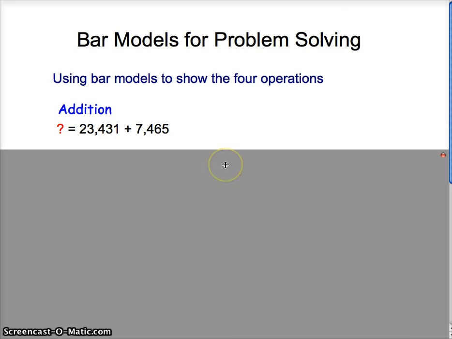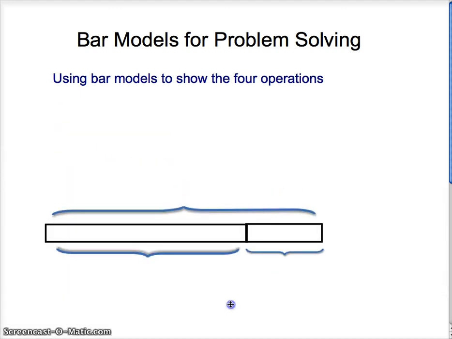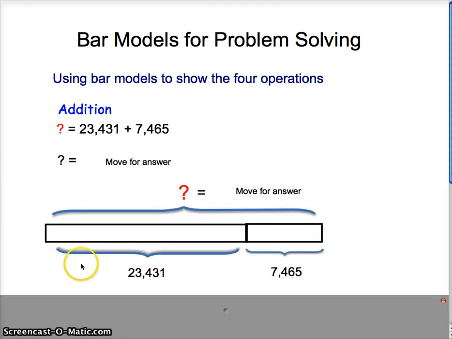So let me show you that we have this particular addition problem, 23,431 plus 7,465, and we're going to represent that with a bar model for you and show you what that looks like. Well, since we're adding these two together, we're going to piece together two rectangles to represent that we are adding them together into one long piece.